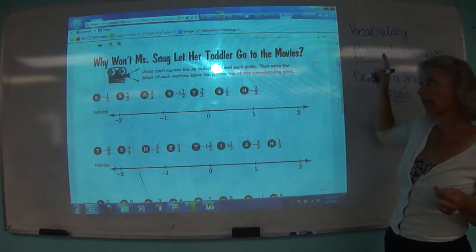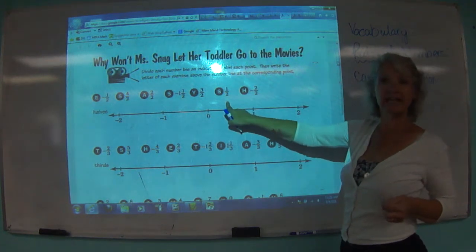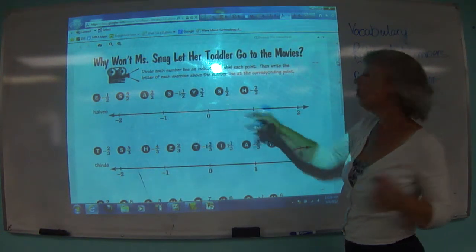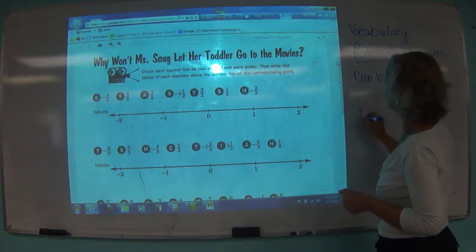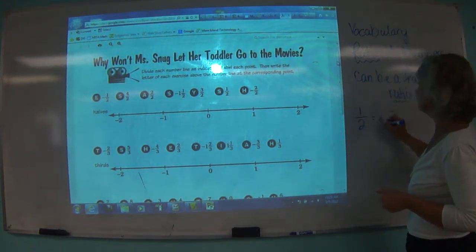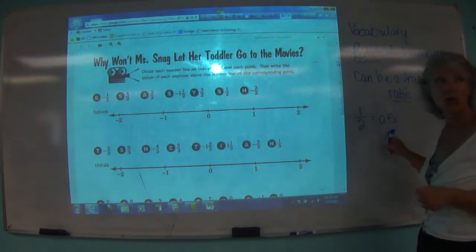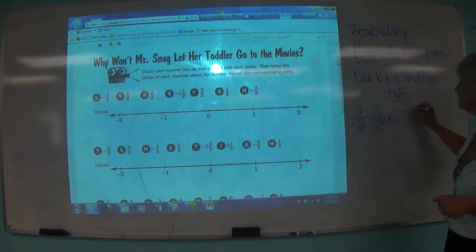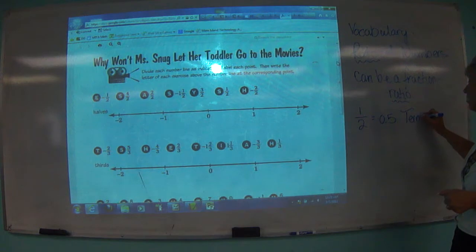Okay? So if you have 1/2 as a decimal, what is it? 0.5. So 1/2 equals 0.5, which ends, right? So a rational decimal terminates or ends. What else could a rational decimal do?